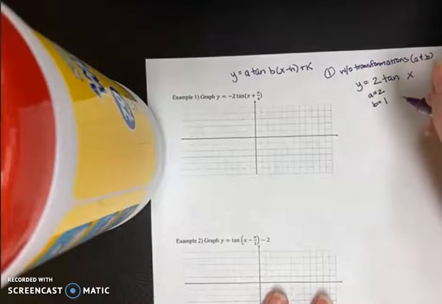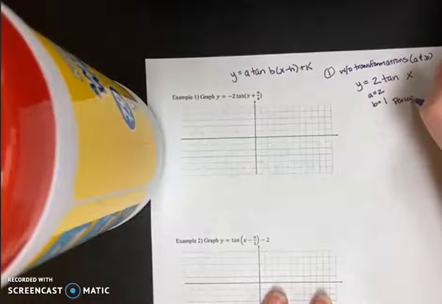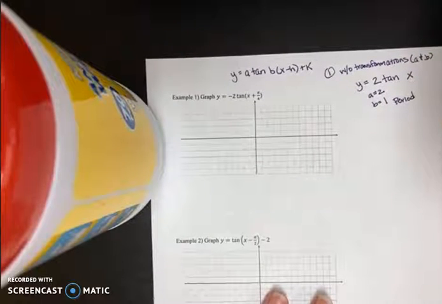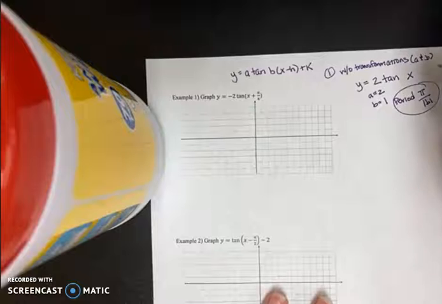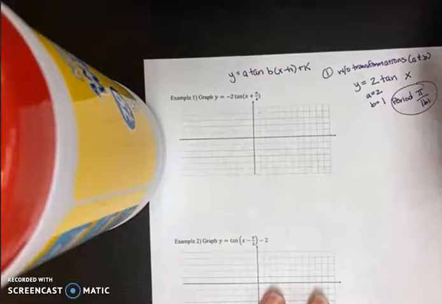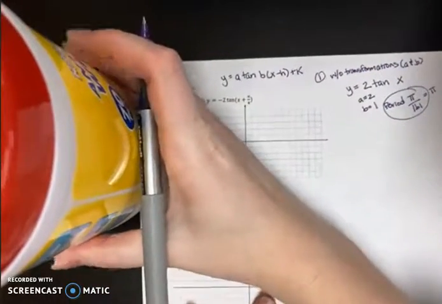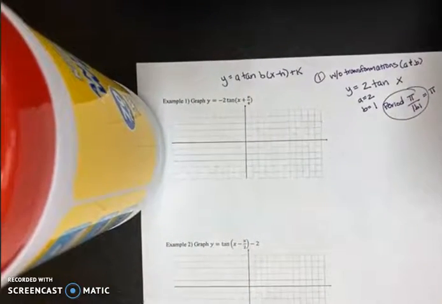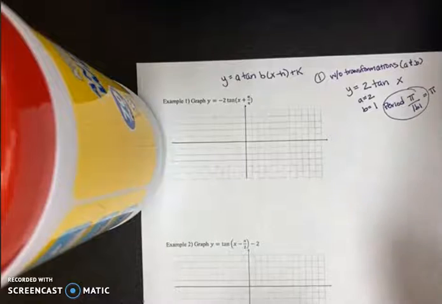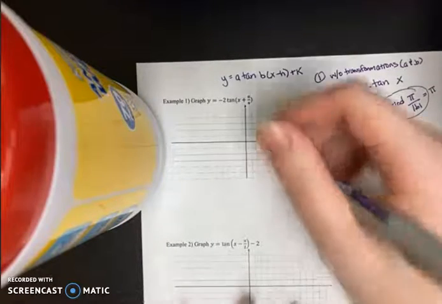Now remember, the period for tangent is pi over the absolute value of b. So this is a difference between tangent and sine and cosine. So pi over 1 would give me a period of just pi. Now we can set the scale just like how we did with sine and cosine.